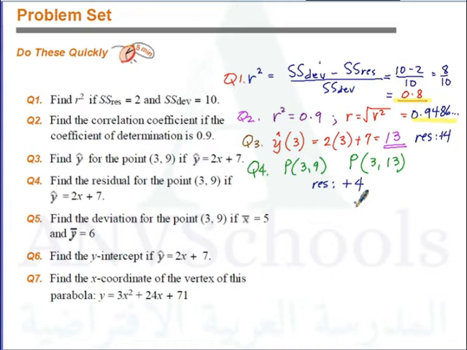To find it, just see whether the point is above your mean. So if the mean is (5, 6), and the point is (3, 9), the deviation here is just y minus y mean.